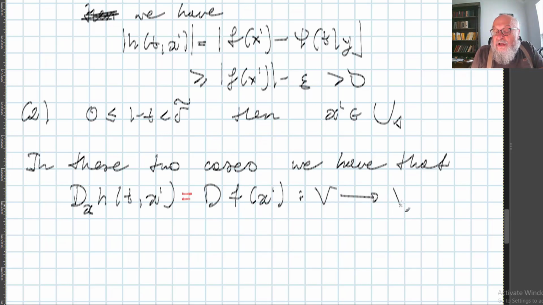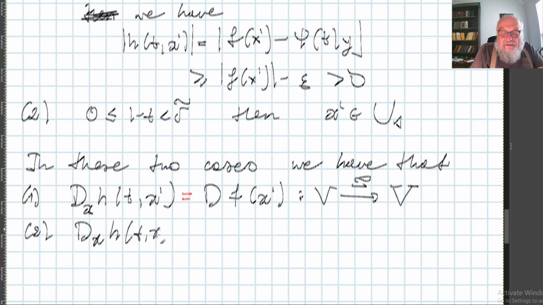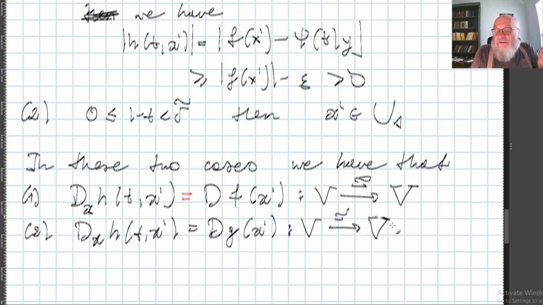And as we explained before, we chose this particular set u0 in such a way that, for 1, this is an isomorphism, and for 2, d x h t x prime will be dg x prime, and this will be from v to v.